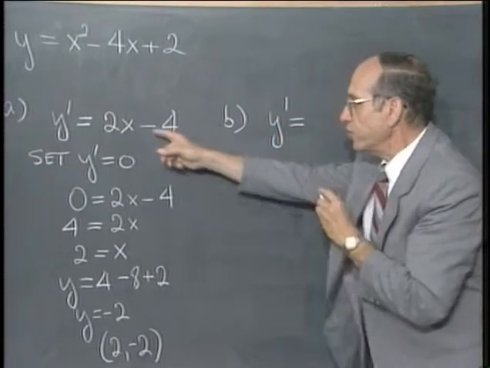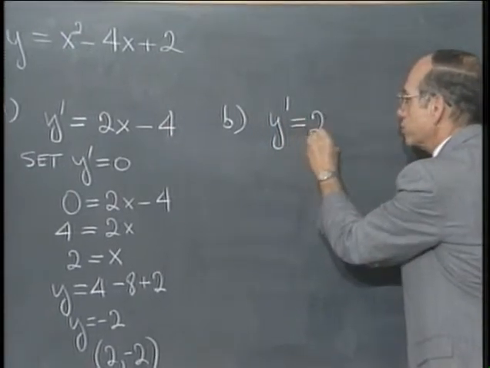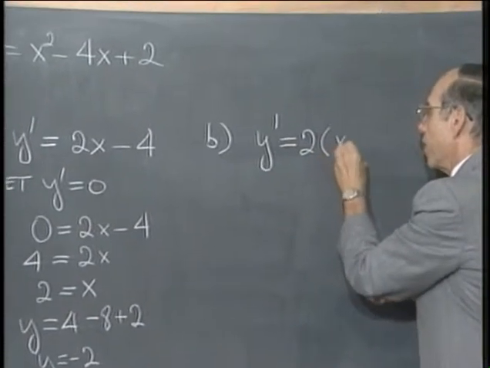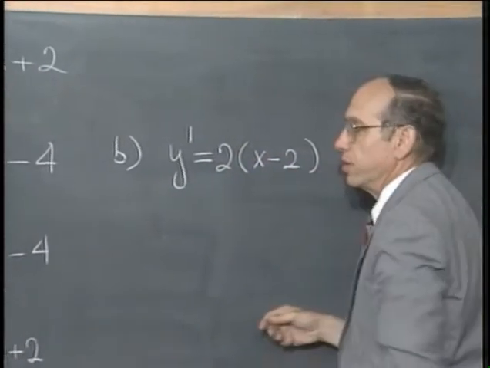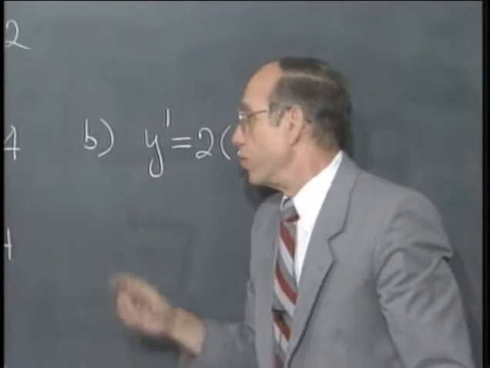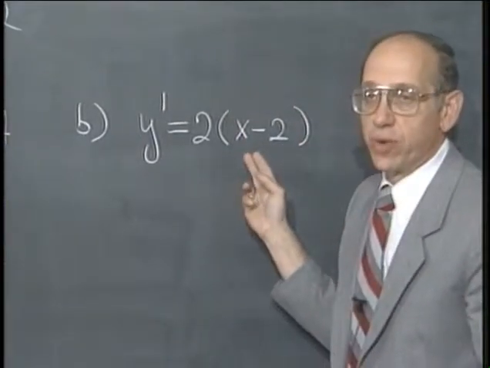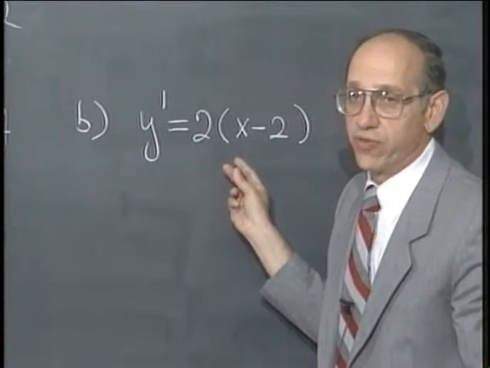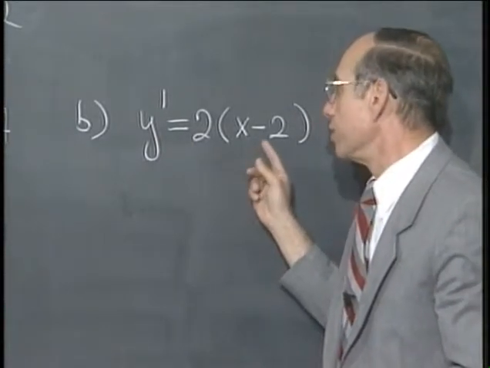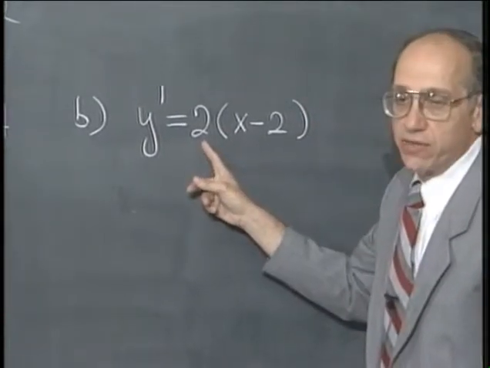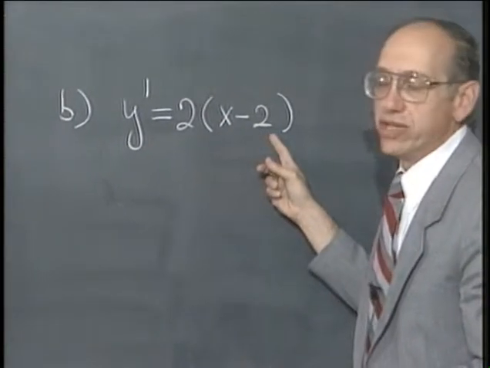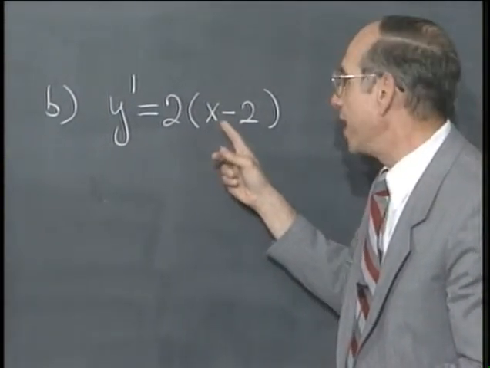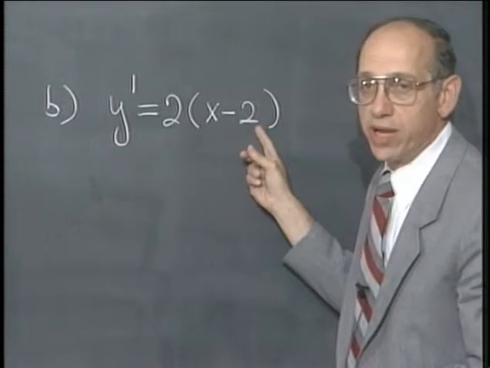We're going to factor a 2, and we have y prime is 2 times the quantity x minus 2. And now we want to know, where is this expression positive and where is it negative? We know it's 0 at x equals 2. That's what we found in part A. Well, look, 2 is a positive number. What about x minus 2? Well, the value of x minus 2 depends upon x.